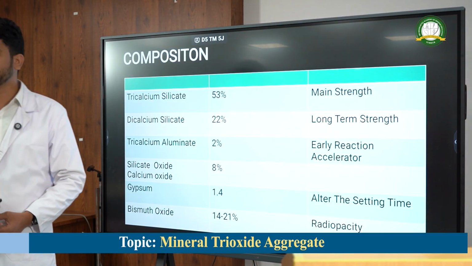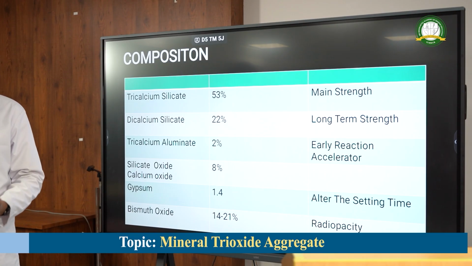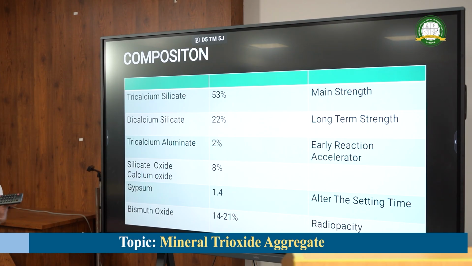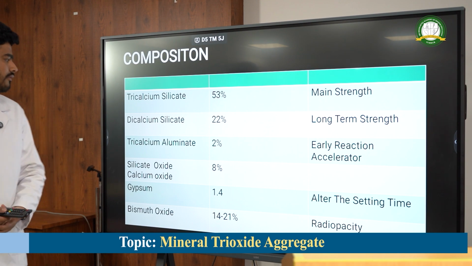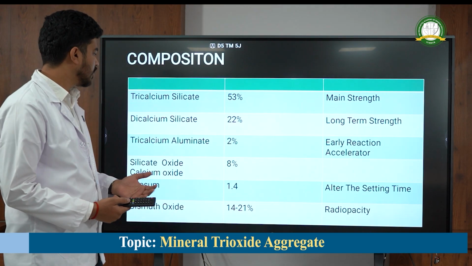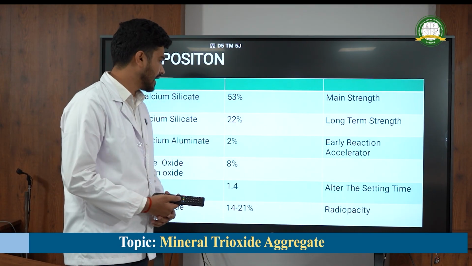Coming to the composition of mineral trioxide aggregate, it contains mainly tricalcium silicate at 53%, which helps build up the main strength. It also contains dicalcium silicate at 22%, which helps with long-term strength, and tricalcium aluminate at 2%, which acts as an early reaction accelerator.